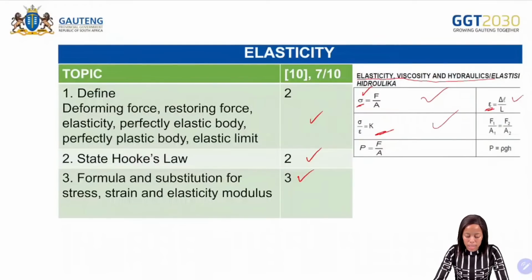So with this, we are saying that at least if you are able to define, state the law, and write the three formulas and substitute, because remember, if you don't substitute, then you are not going to get any mark for the formula. So make sure that you write the formula and then you substitute. That is where you are going to get a mark for the substitution.